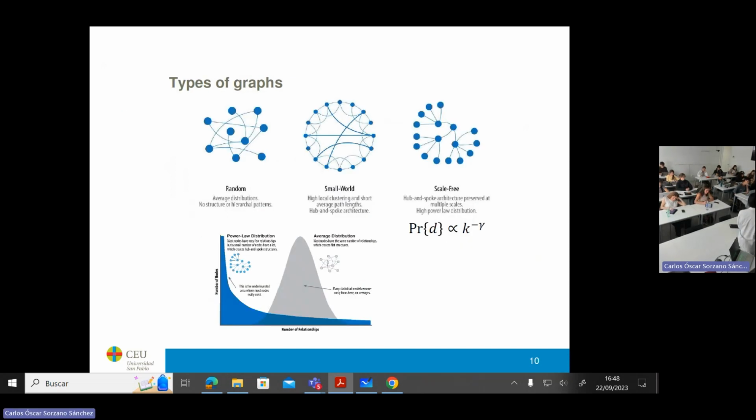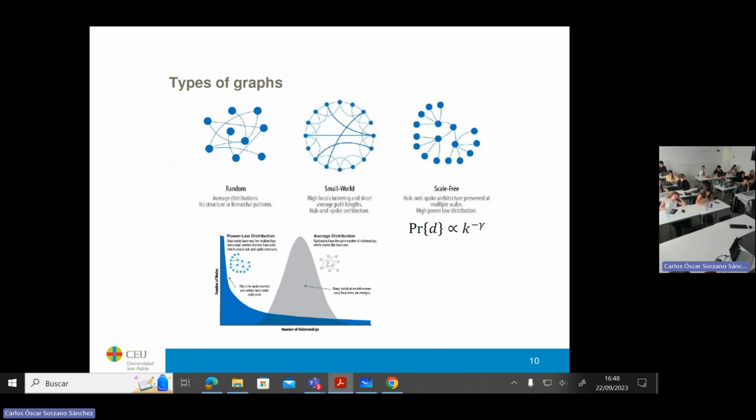You can also define different types of graphs. We have already seen random, small world, and scale-free. Random means anyone can be connected to anyone. A small world has a high local clustering, so locally nodes are well connected, and from time to time there are big jumps, so there is a long connection.